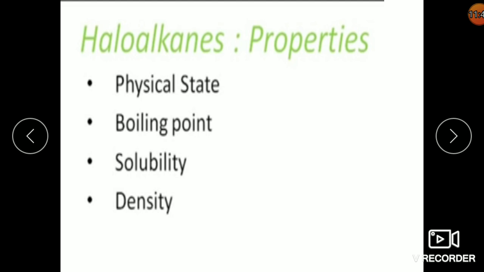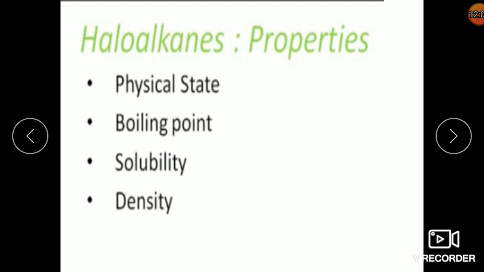Iodine is a bigger molecule with a great atomic mass, so haloiodides are generally solid, but lower chloroalkanes like CH3Cl, then CH3Br, exist as a gas. These are colorless compounds.